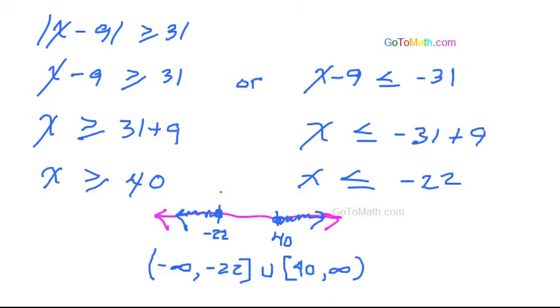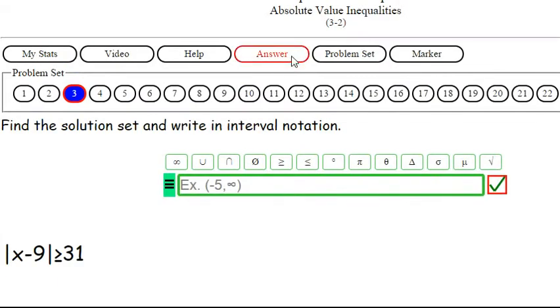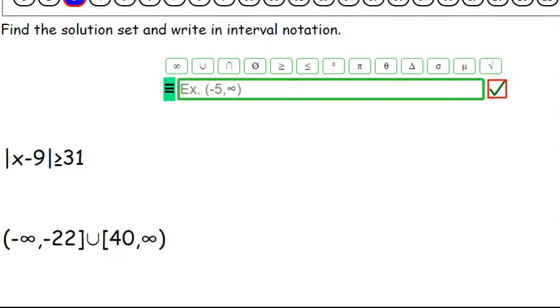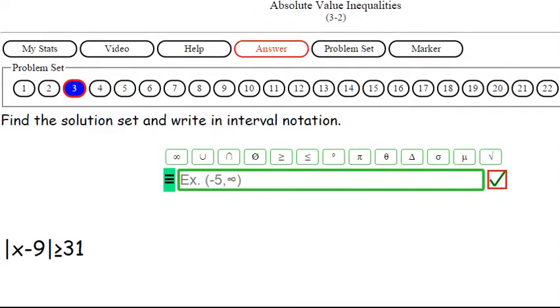In other words, you can pick a number either here or over here to make this a true statement. All right, bam, there it is. Let's go over here, make sure the scripting is all correct.